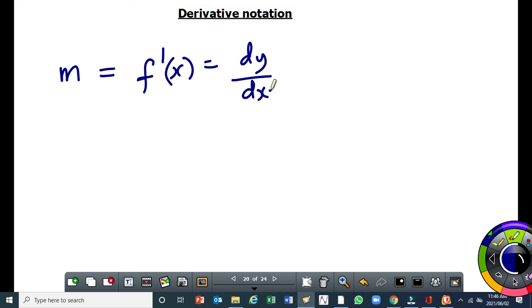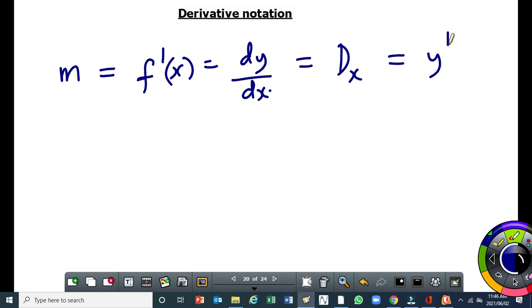I'm not done yet. We also have the differential operator D x, capital letter D with an x as a subscript. That also represents the derivative. We also have another notation which is y prime.